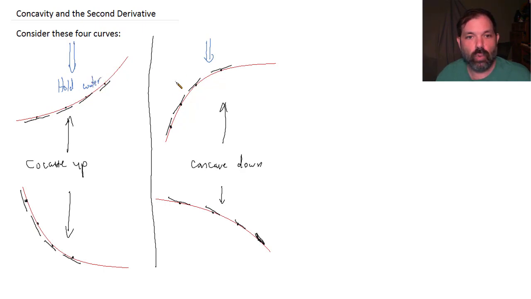And this piece, the water would fall off. Think about that for this curve. If I was to pour water on this part of the curve, it would fall off. And if I was to pour water on this part of the curve, it would be held. So that's a less sophisticated way to think of concavity.